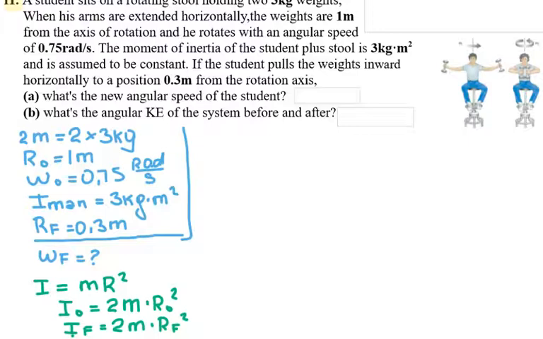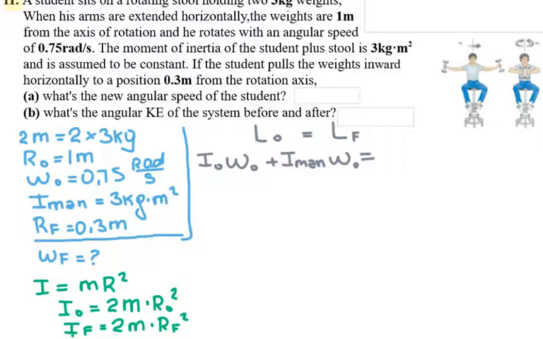So I'm going to say initial angular momentum is equal to the final angular momentum. Momentum before is equal to momentum after. Initial momentum includes the man and the masses. So it is the initial inertia times initial velocity for the masses, plus the inertia of the man and the initial velocity of the man.